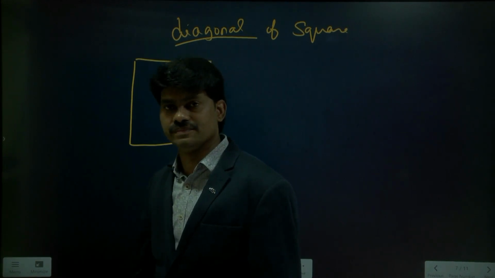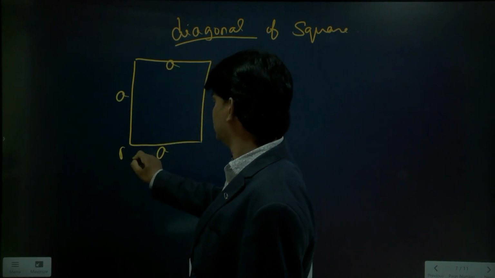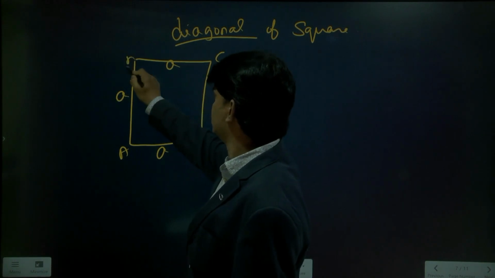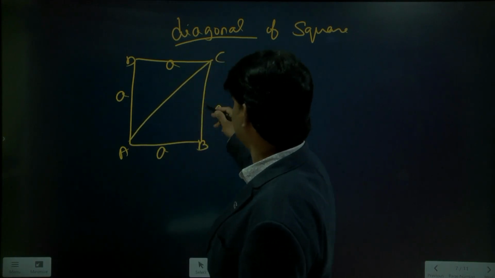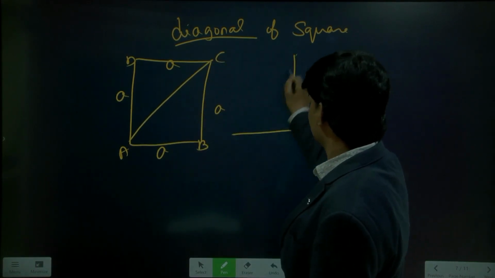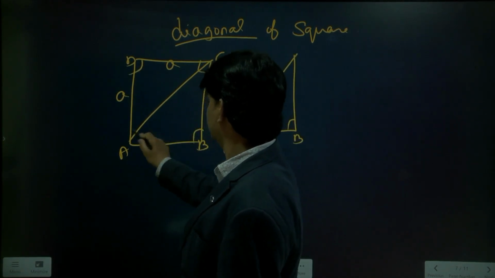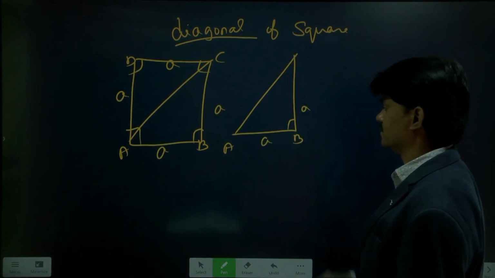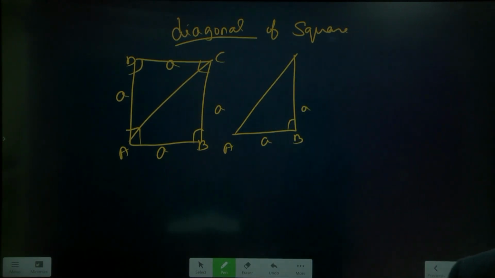I am taking the square, side A. Here let's join A and C, and let's take this right angle triangle, because in a square all the angles are 90 degrees, no? Like this. In a right angle triangle, if you want the longest side, you have to square and add the other two sides, right? Square and add the other two sides.